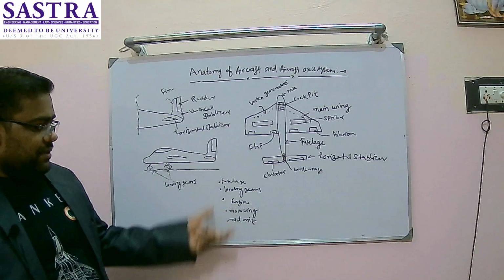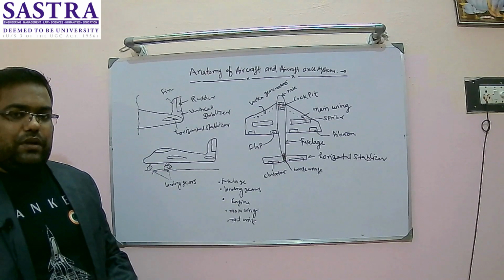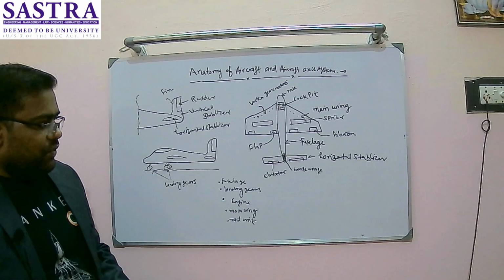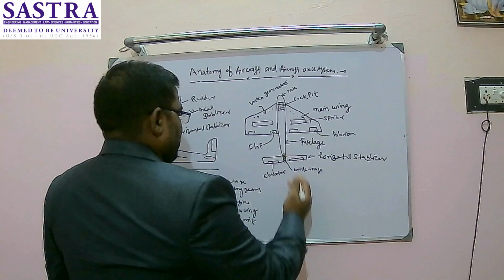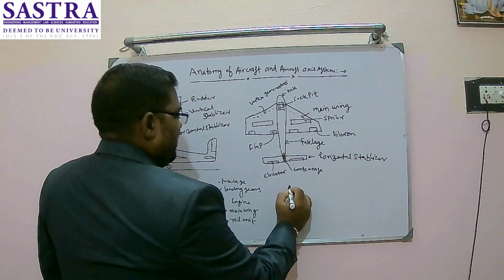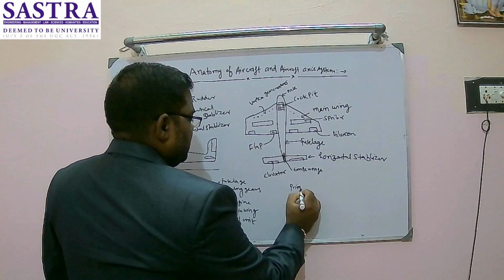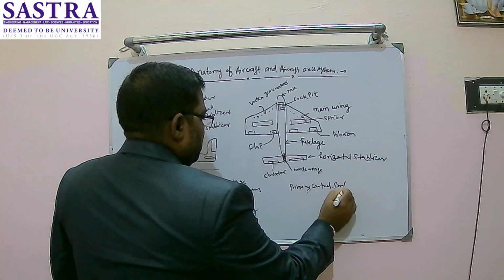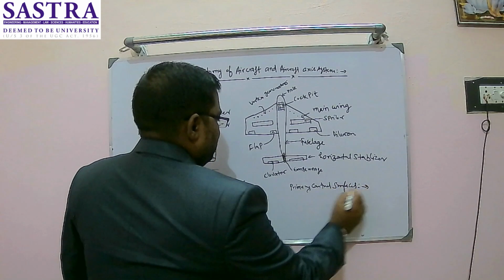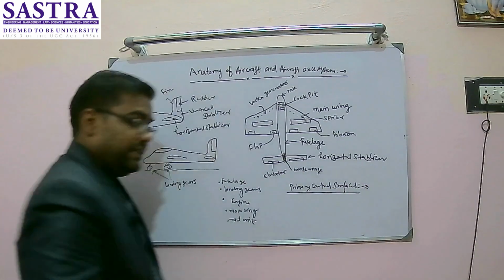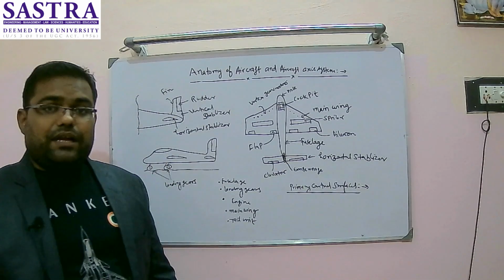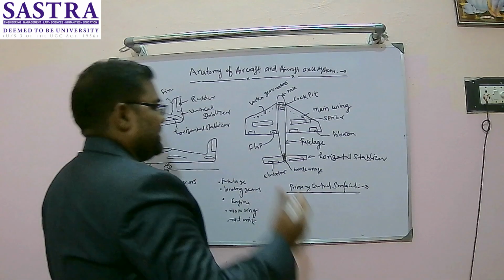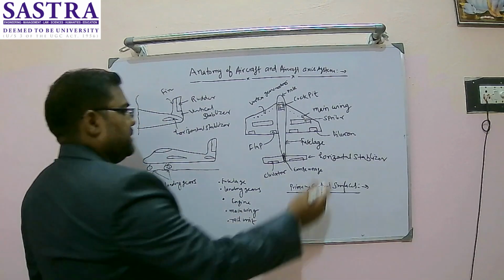Then further it is divided into some more subcategories or subcomponents. Let's go to the subcomponents. If we look at the primary control surfaces, primary means primary motions, how many it can create. Primary control surfaces are only 3, and I will tell you what motions can be created by these 3 control surfaces.